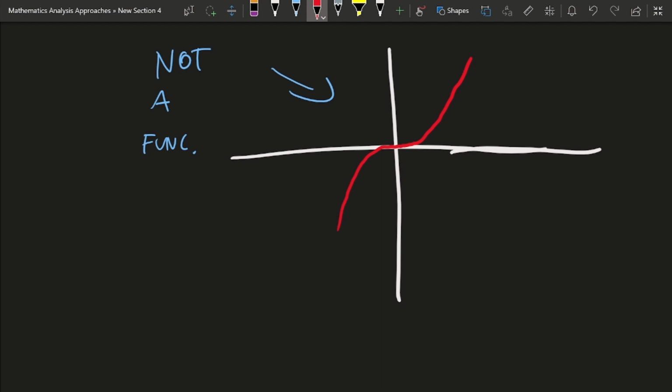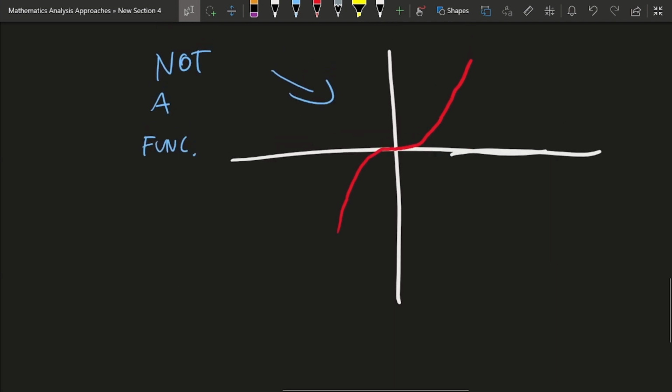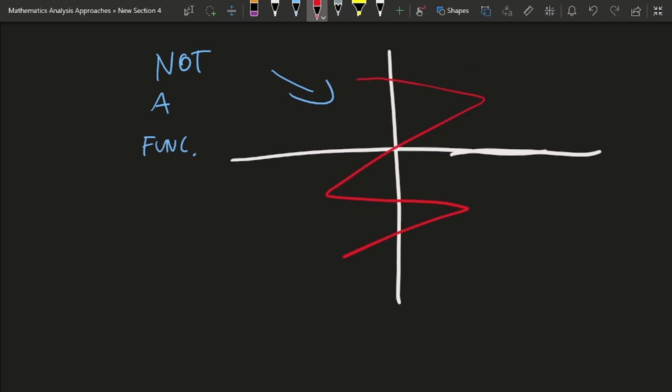Well, obviously it is because I just said so, but is it a function really? Yes, it is, because it doesn't cut the y-axis 2 times. It only has one y-intercept, right? So then, is this a function? No, it's not a function, because as you can see, it cuts the y-axis 1, 2, 3, and 4 times. So it's definitely not a function.